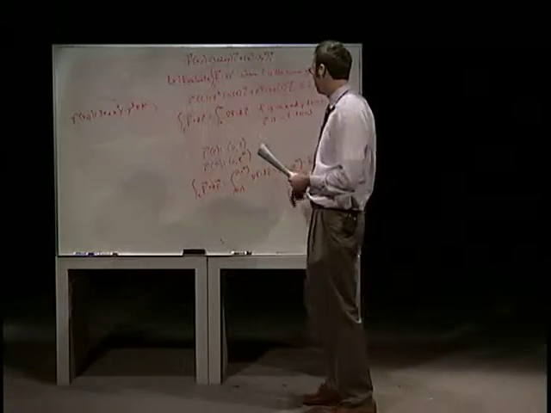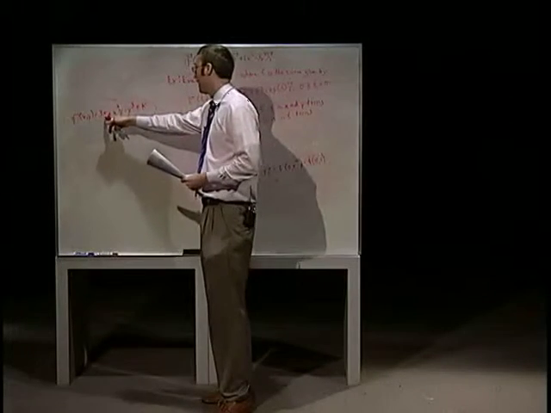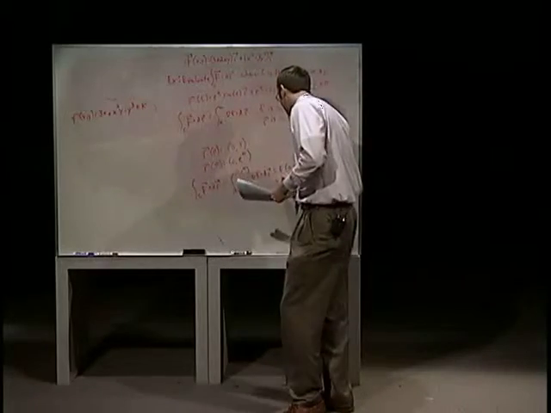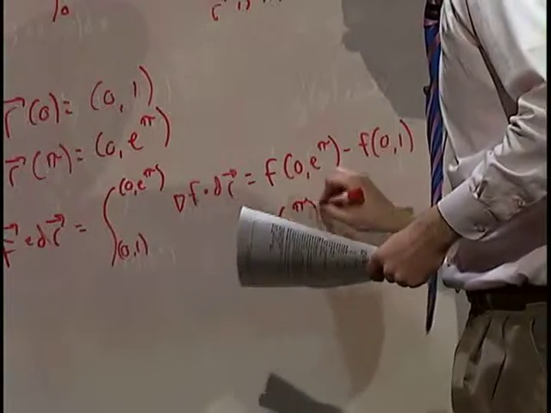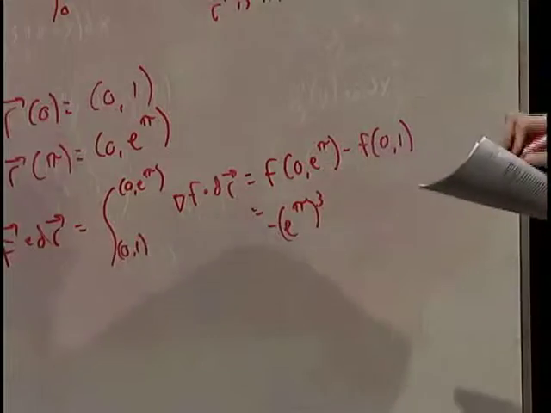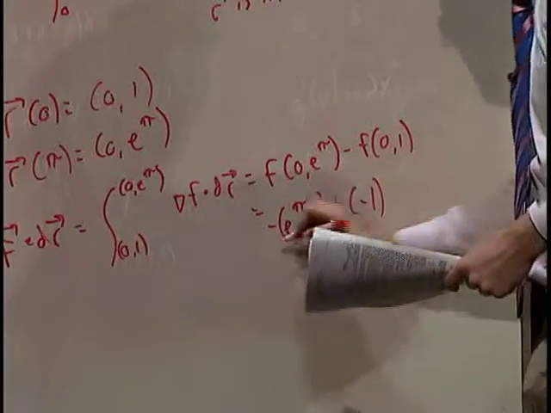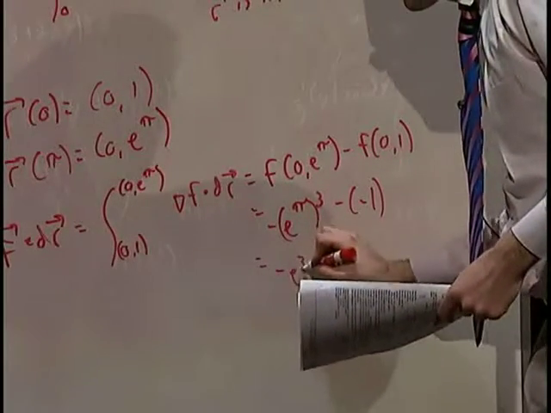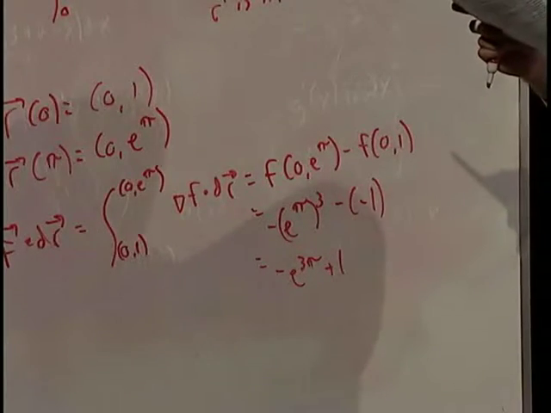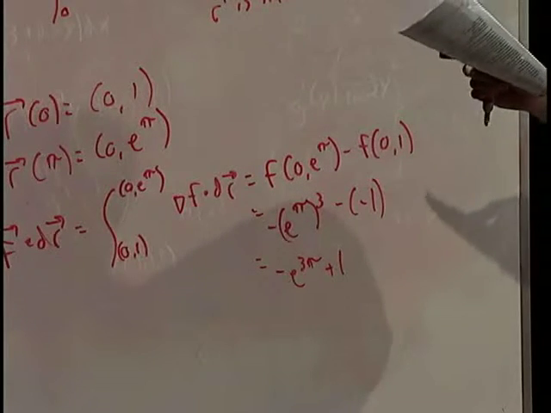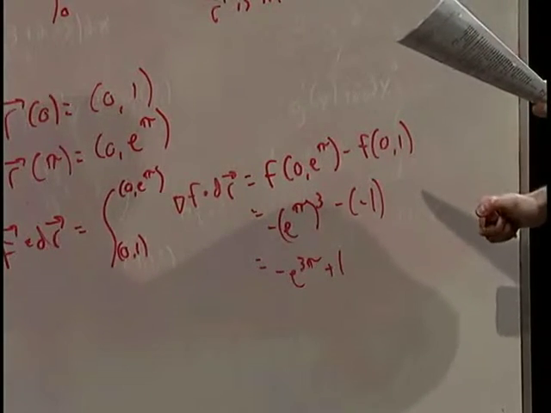So when I plug this in, I plug in 0 and e to the pi. So that's zeroed out. That's zeroed out. So we have minus e to the pi cubed. And then we have minus, so that's zeroed out, that's zeroed out. We have a minus negative 1, so that's negative e to the 3 pi plus 1 is what we should have here. And for some reason here, I've got two negatives.